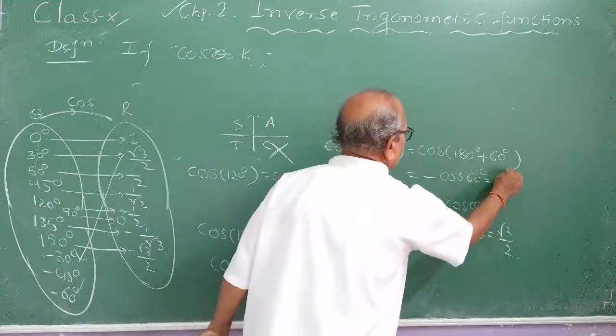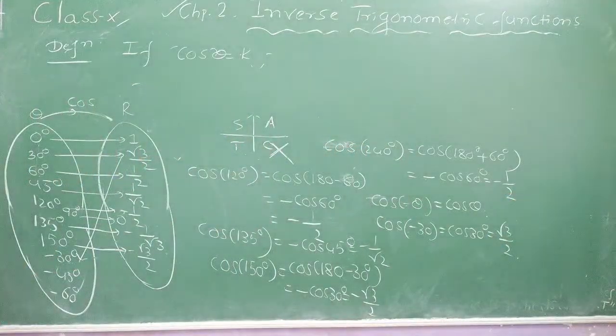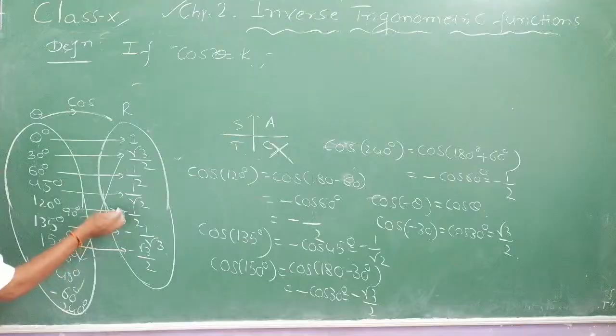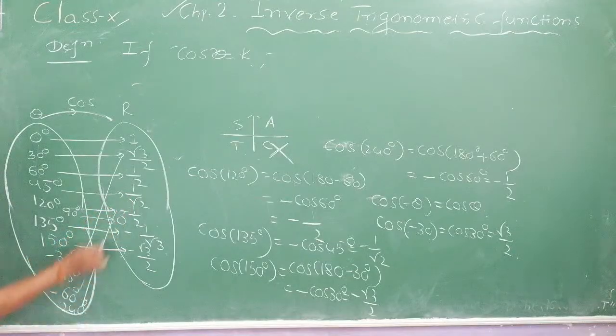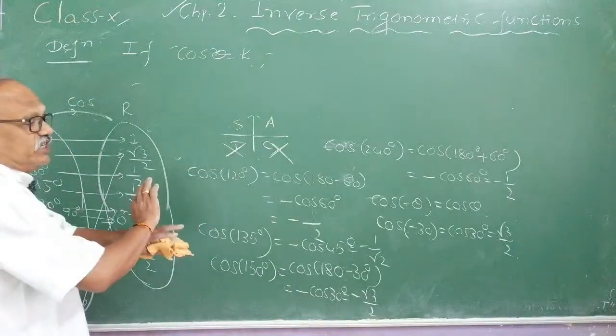Cos 60 value is 1 by 2, so cos 240 becomes minus 1 by 2. And cos 120 is also minus 1 by 2. This means if it comes to the third quadrant and fourth quadrant, it will lose its one-one nature.